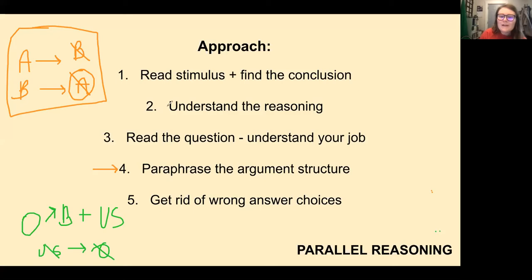And then lastly, whenever we paraphrase a structure, it's a lot easier to get rid of wrong answer choices first. So if you see something that's not following exactly how we want it, we can cross that off. The trick is, though, our argument parts don't have to be in the exact same order. It has to follow the same structure, but it doesn't mean that it has to be, for example, premise, then conclusion.